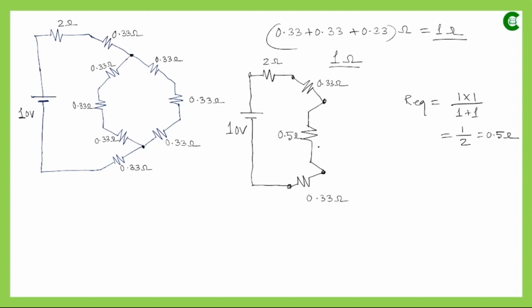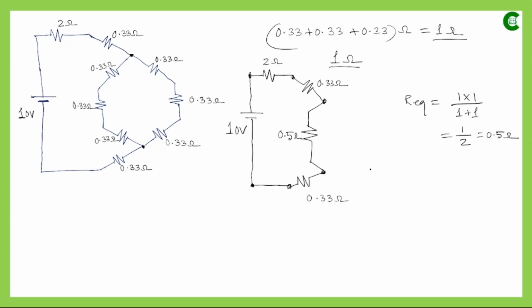So now if we analyze this circuit further, we can find that between these 2 points, which are the end points of this voltage source, the resistances that are connected are 2 ohm, 0.33, 0.5 and 0.33 ohm, and these 4 resistances are connected in series between these 2 points.